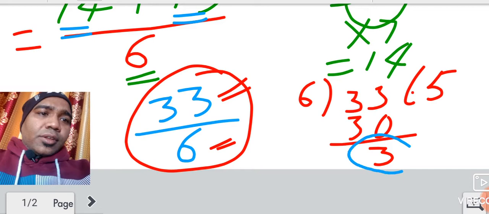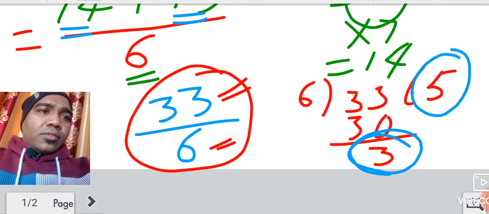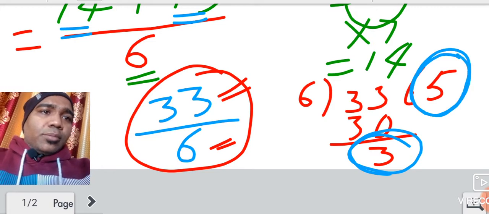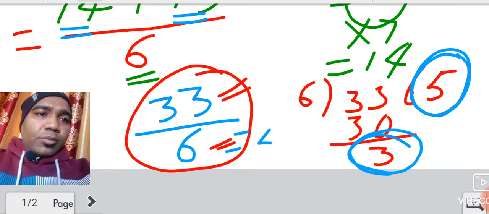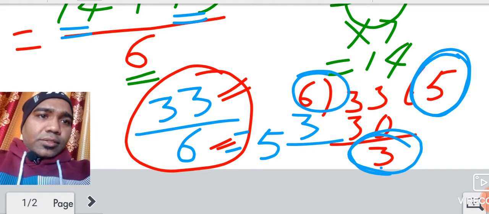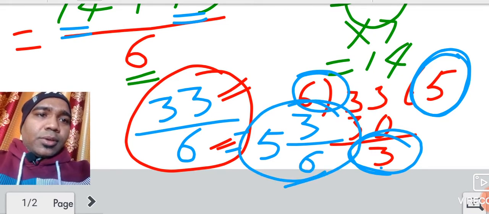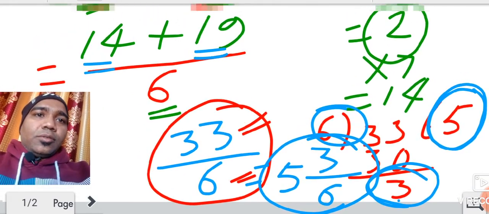The remainder we write in the numerator, the quotient we write as the whole number. So what will we write here? This equals 5 whole, numerator what will we get? Remainder 3, and the divisor we write in the denominator. Okay, so the answer will be 5 whole 3 by 6. I hope this is clear to you.